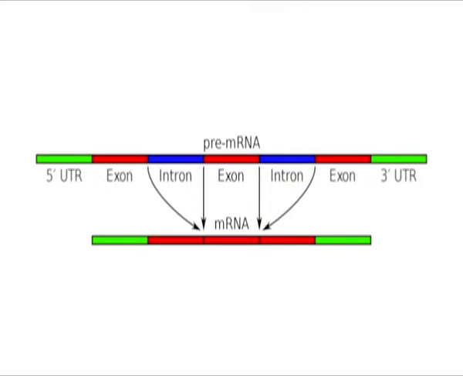Within this class of RNA are messenger RNA sequences that ultimately are translated into proteins, but they contain non-coding intervening sequences called introns that must be removed by cutting and splicing to form the coding sequence called exons that is found in the mature messenger in the cytoplasm.